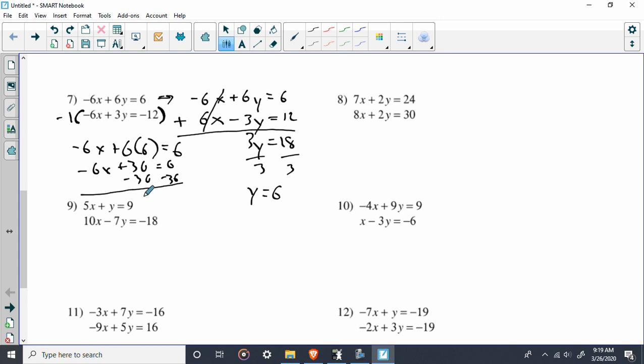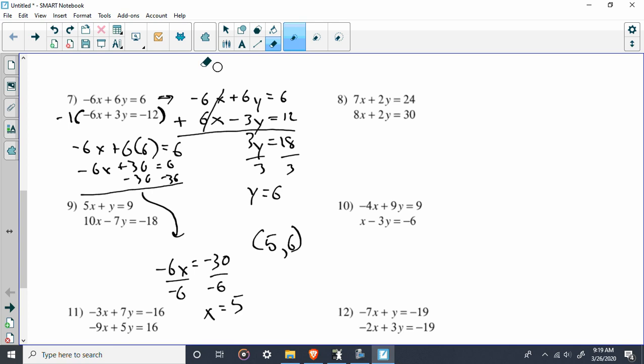We'll find out that -6x is equal to -30. So we find out that x was equal to 5, right? And we would make sure we wrote our answer as a coordinate, okay? So there's no big deal. We just had to remember to multiply this one by -1. And that's all well and good.